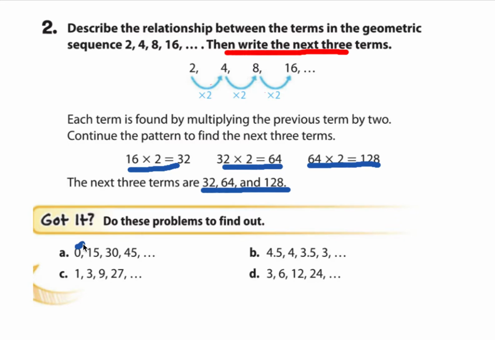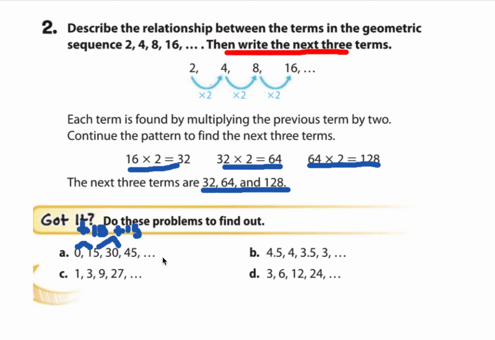I'm going to go up here because I don't have any room down here. I'm going to add 15 and see if this works out for each one. 0 plus 15 is 15. 15 plus 15 is 30. So yes, we are adding, and 30 plus 15 is 45.